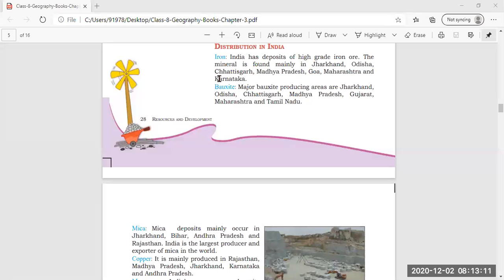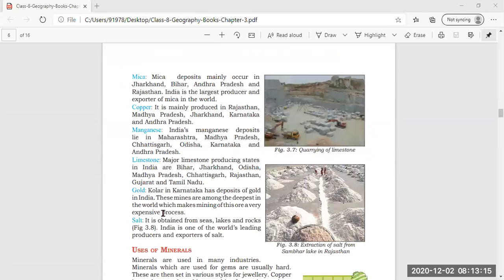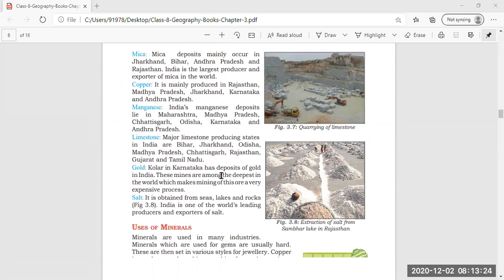Distribution in India: iron, bauxite, mica, copper, manganese, limestone, gold, salt. In which states we can find these minerals in India, everything in detail we have read about this.